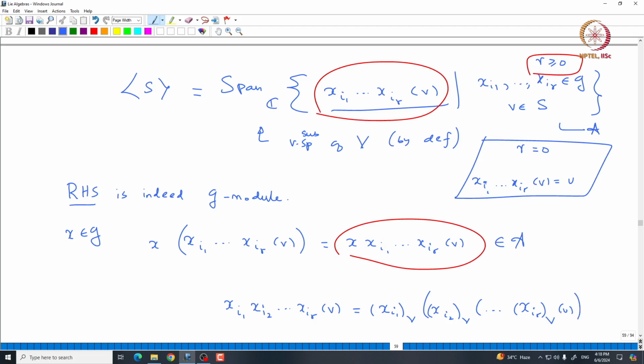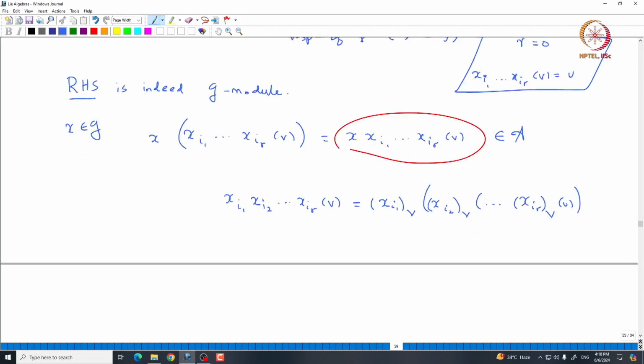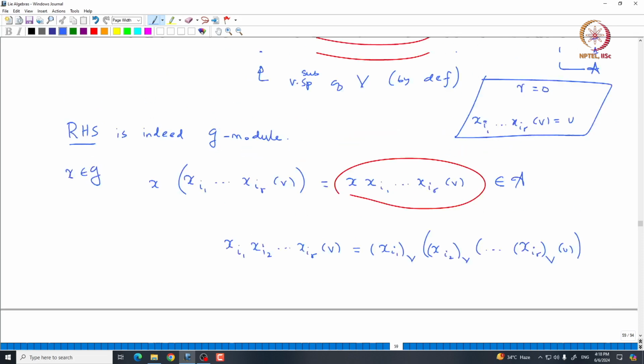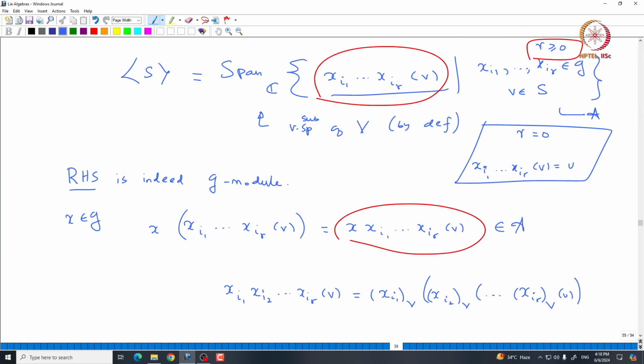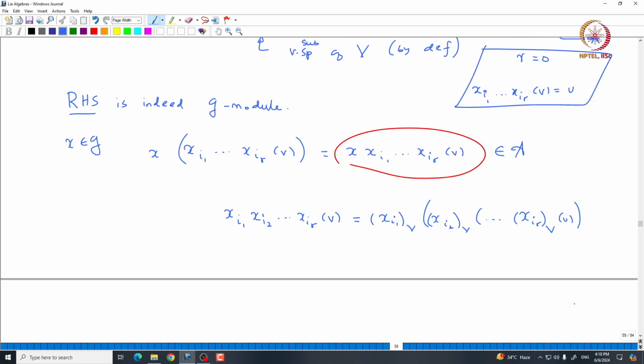That is what this map means. Now, using this, you can easily see that the right hand side is closed under the G action and S is contained in there. So, the right hand side contains the submodule generated by S.